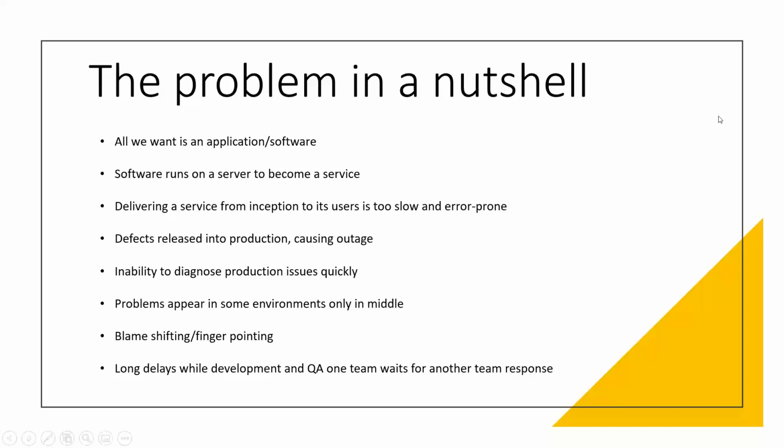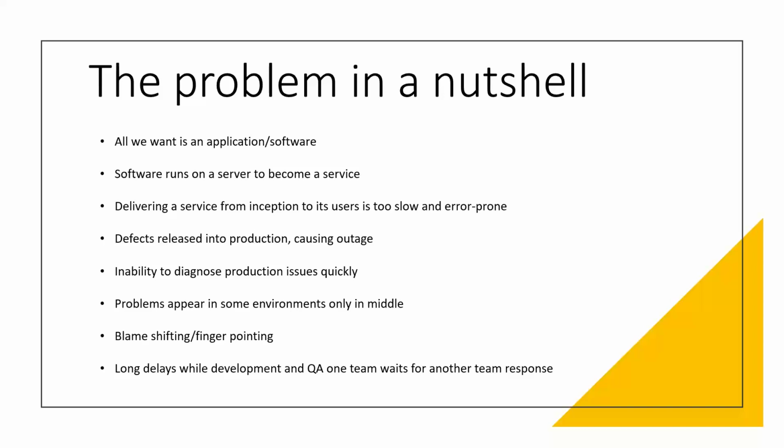To put the problem in a nutshell, all we want is an application, a software, a product that you want to develop. In the IT industry, once your software is ready, whether it's an application or a microservice, you want to put it onto a server to become a service, correct?